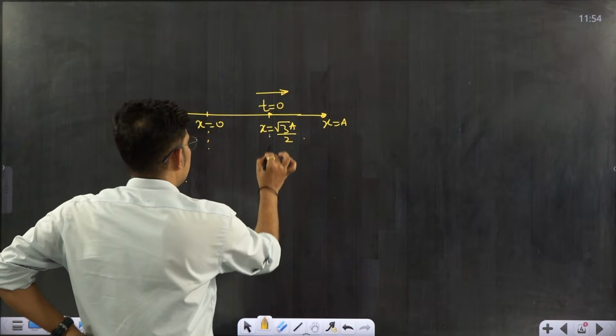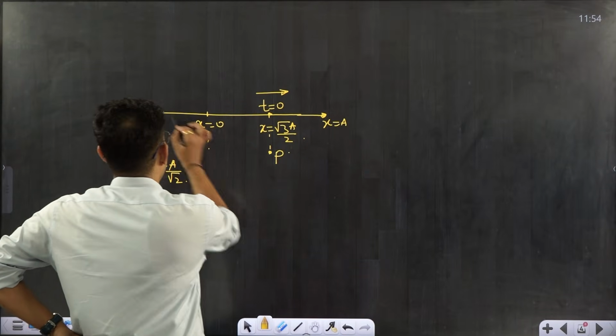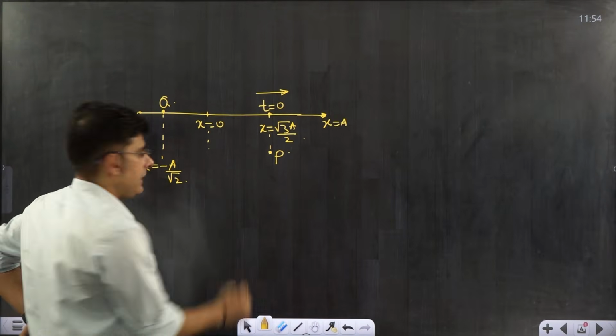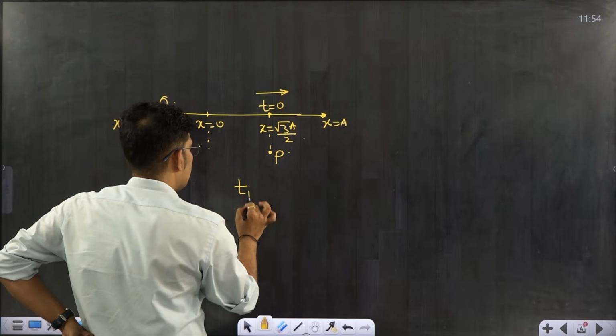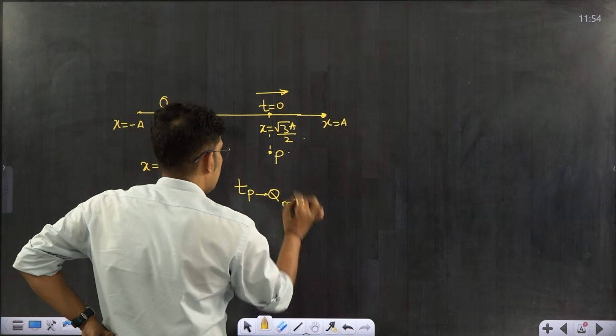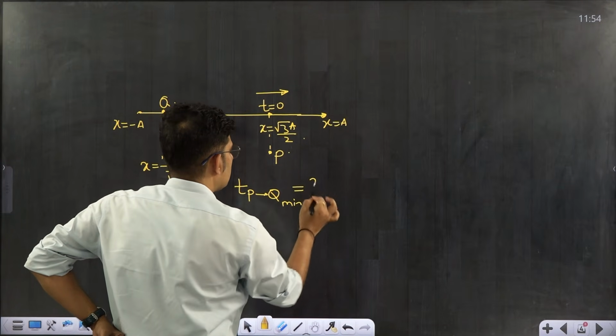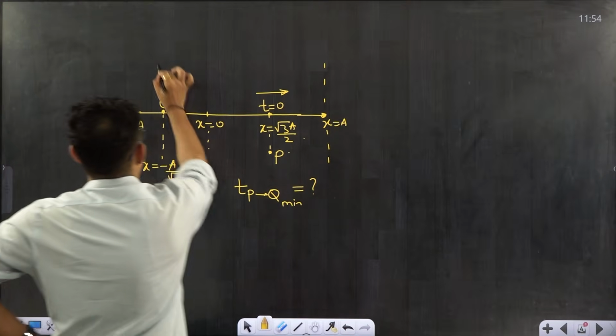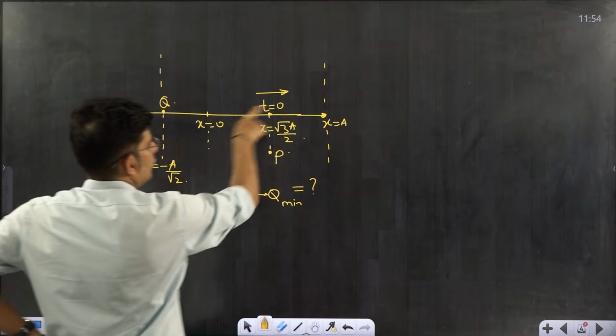Let's mark this point as P and this point as Q. It is going this side. So they will say, time taken to go from P to Q, minimum time, if you are going like this, will be how much? So how to solve it? See how easily we can solve. First, as I said, you will go this side.